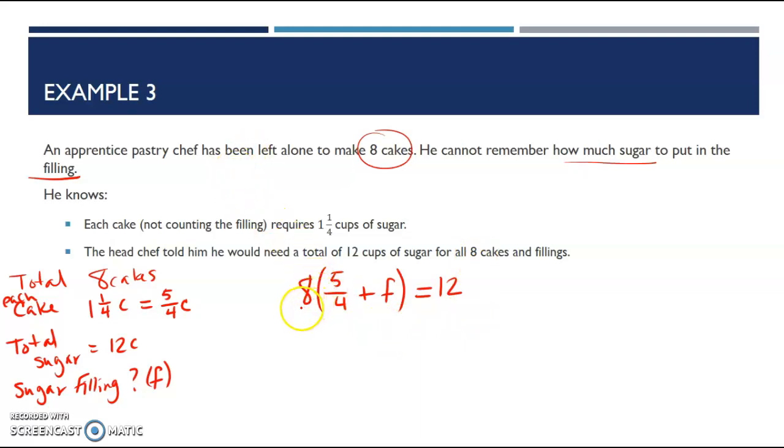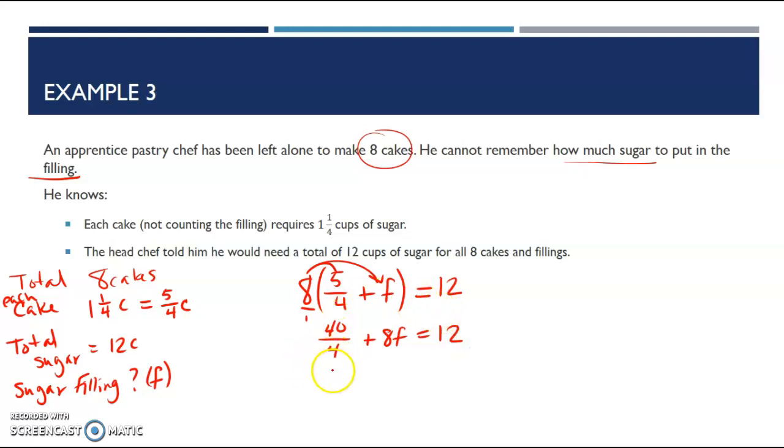So from here, this is the same as 8 over 1, so I'm going to take 8 times 5, which is 40, over 1 times 4, which is 4, plus, so distribute 8 times F, which is 8F, equals 12.